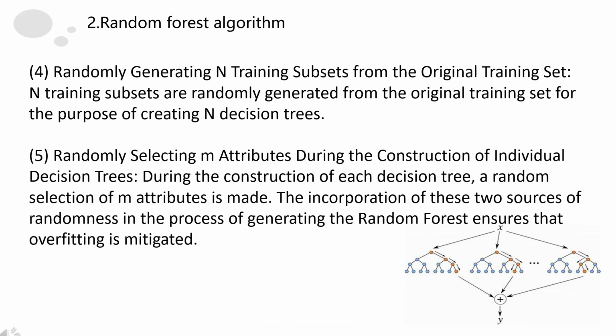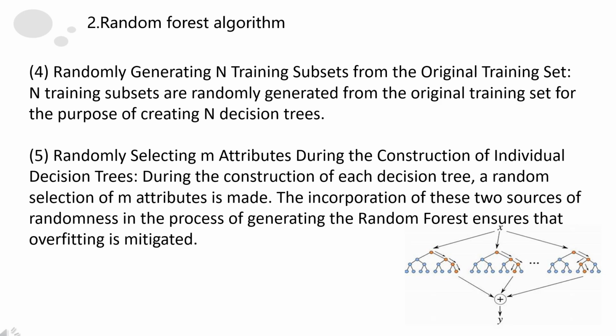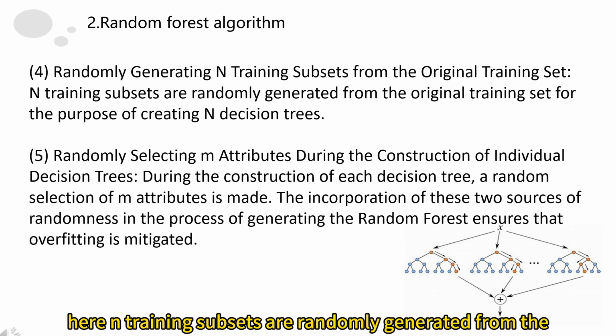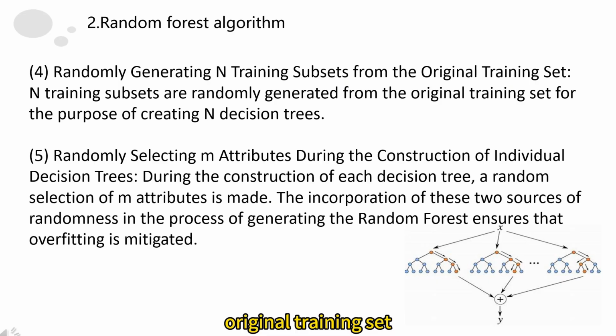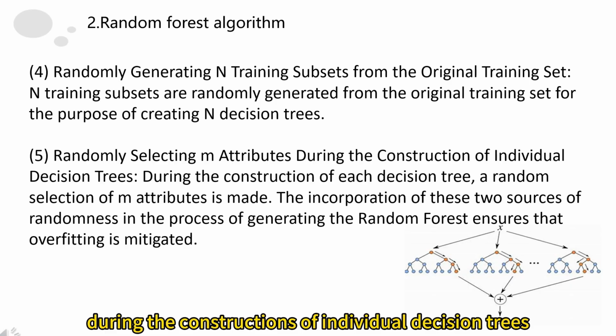And fourth, randomly generating n training subsets from the original training set. Here, n training subsets are randomly generated from the original training set for the purpose of creating n decision trees. And fifth, randomly selecting m attributes during the construction of individual decision trees.